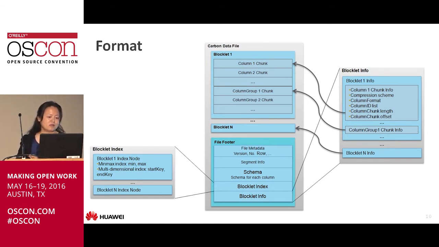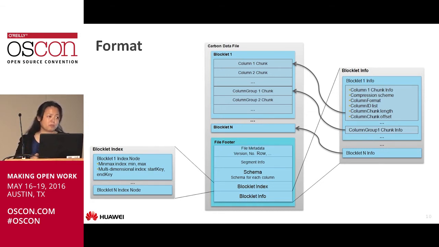You can see a CarbonData file contains a sequence of blocklets, and the file footers store meta information and schema. The blocklet index I mentioned is a file level index. It contains information about the min-max value of each column in the blocklet, as well as the multi-dimensional key index, which we're going to introduce a little later.